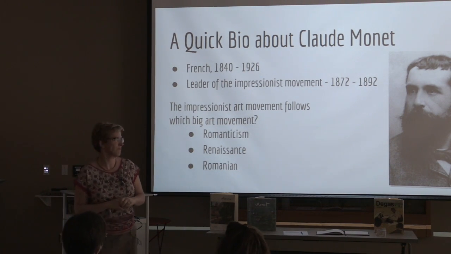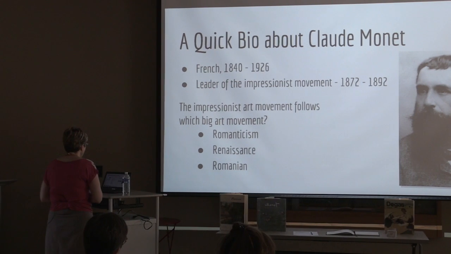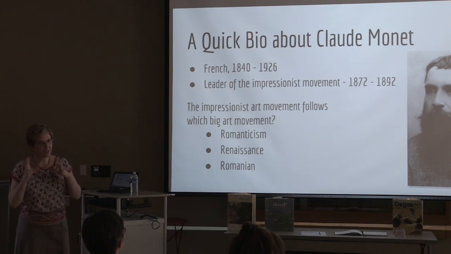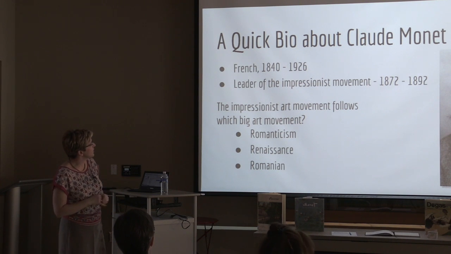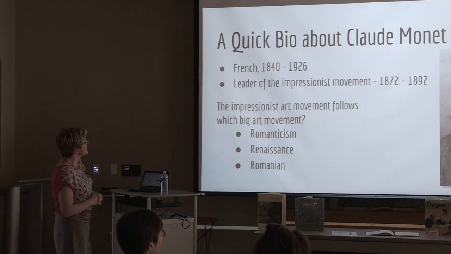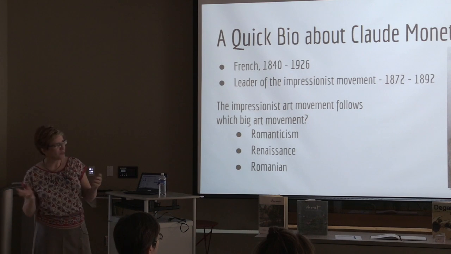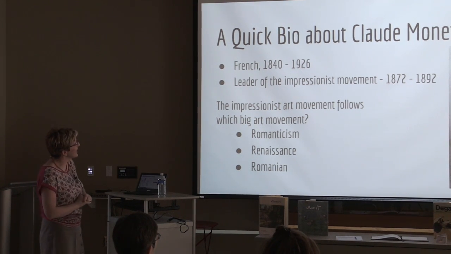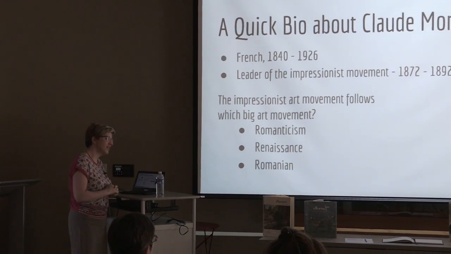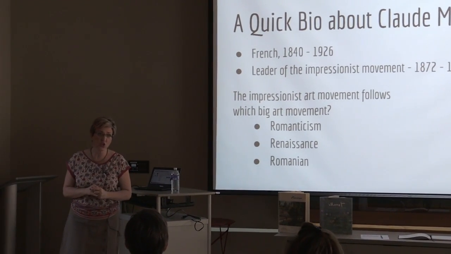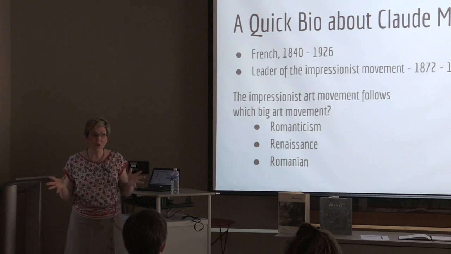Yes, yes. So now, before we move to these three major things I told you about, I'm going to do a quick bio about Claude Monet. So he was French, and he was born in 1840 and he died in 1926, which means that he died at 86 years old, which was pretty old at that time.